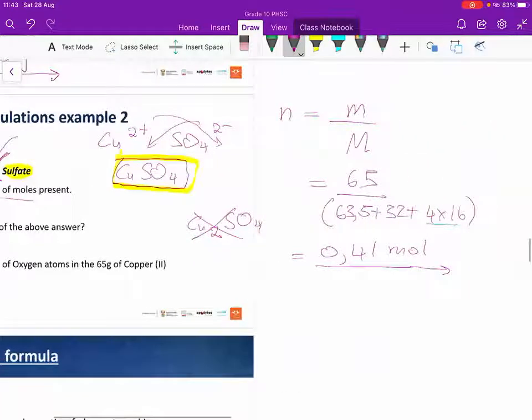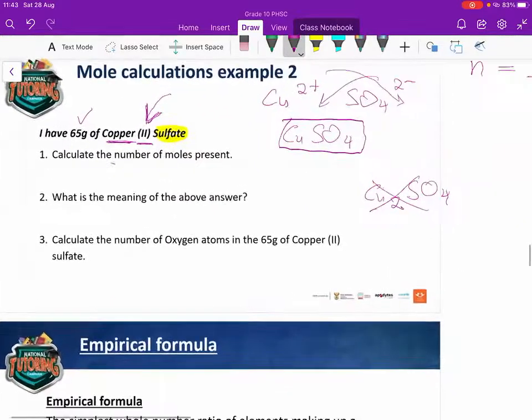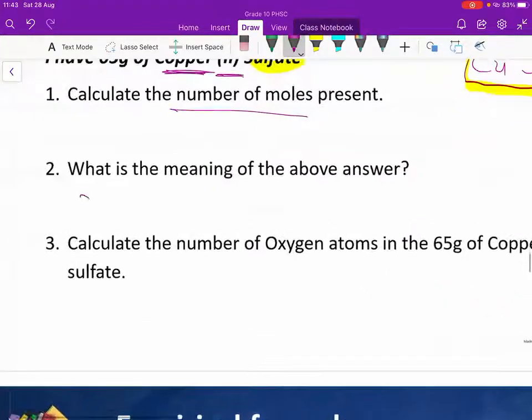It means if I have 0.41 moles of something, then I have 0.41 times 6,02 times 10 to the power of 23 particles of that thing. Remember 1 mole is 6,02 times 10 to the power of 23. So I don't have 1 mole, I've got 0.41 moles.